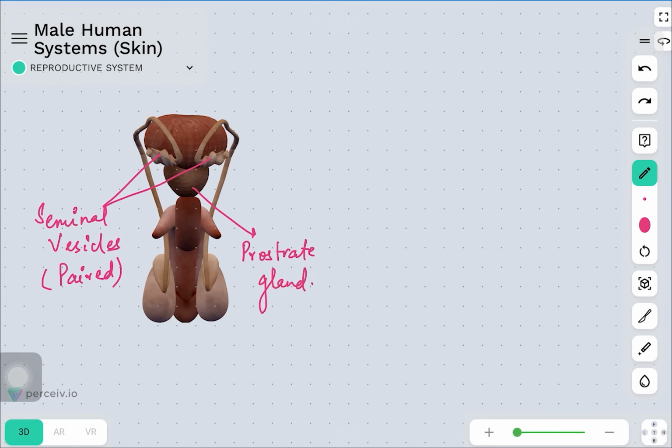Now we will discuss each of the glands. Since these are glands, their secretions will include the seminal plasma. All the secretions of all these glands constitute seminal plasma.